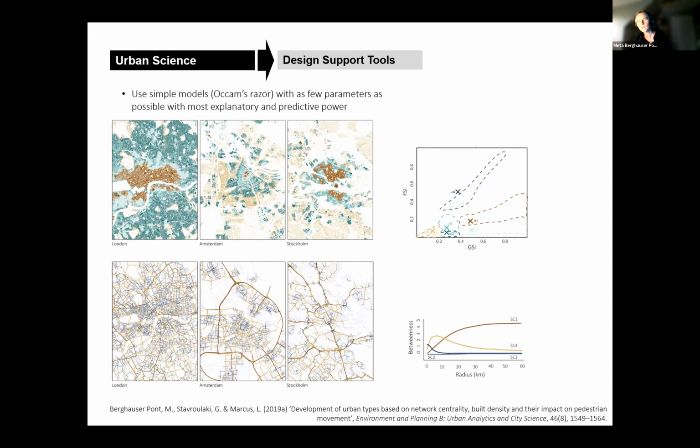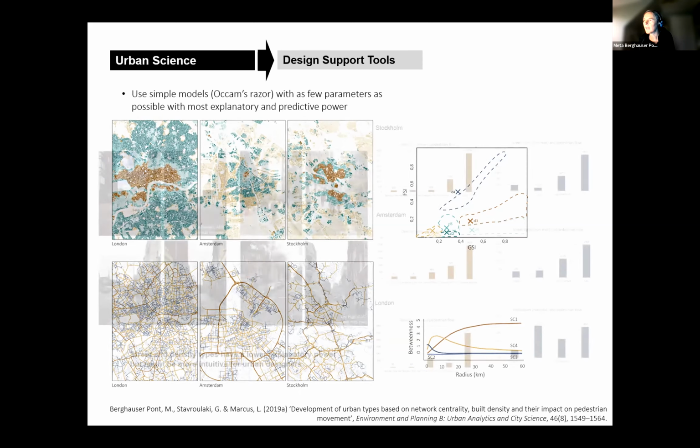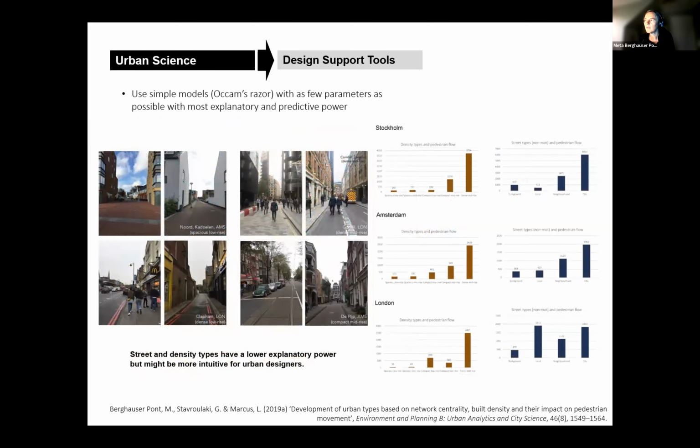It's kind of a multi-scalar street typology. I cannot go in depth on this, but it's kind of summarizing all the centrality measures that are used in space syntax in a typology. And we use that and could explain 55% of the pedestrian movement.